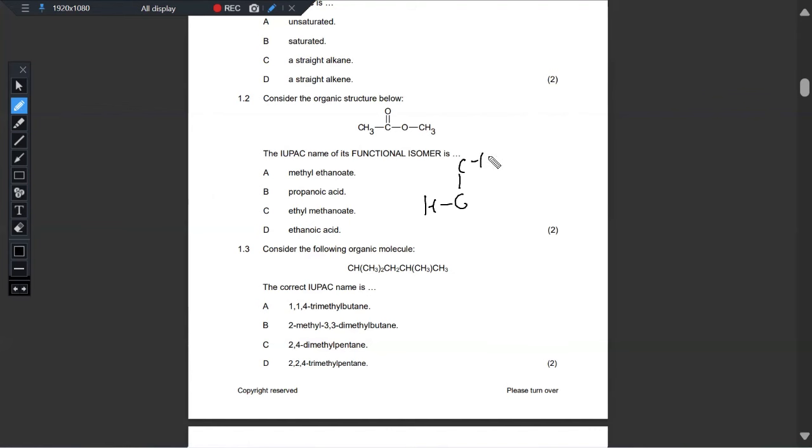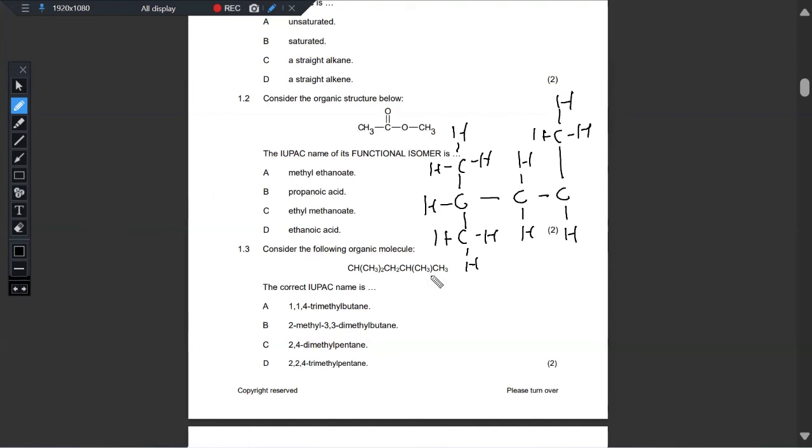So we have CH3 there, and then again down here, we have CH3. And then this is carbon with a hydrogen here, hydrogen here. This is C with a hydrogen, but then also has a methyl branch as well. So CH, like that, CH3. Then we have this one here.